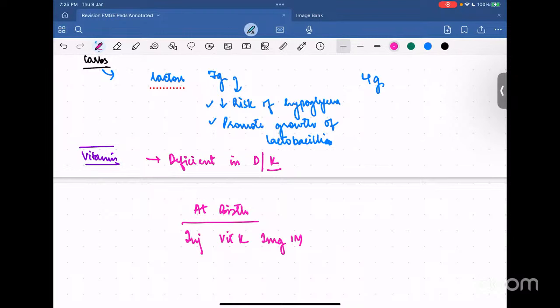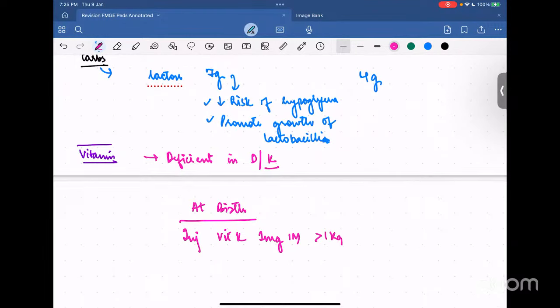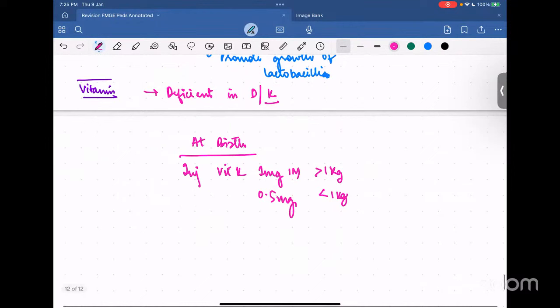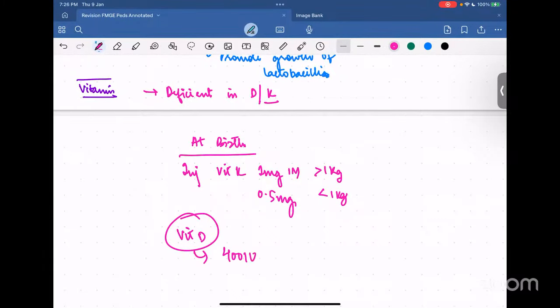If the weight of the child is less than 1 kg, then we give half of that dose, that is 0.5 mg, right? And when we talk about vitamin D, as long as the child is breastfed, we continue vitamin D drops. We give 400 international units orally to all the babies who are receiving breast milk, right?